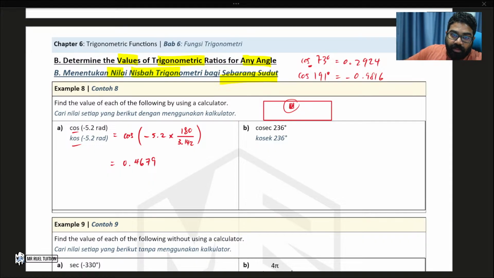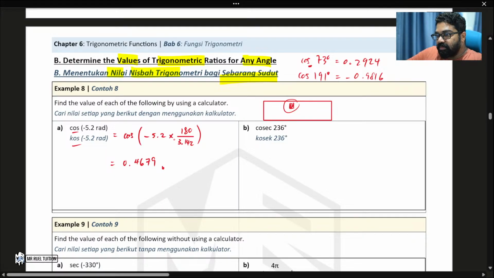Okay. What about cosecant? Again, class, I don't recommend using radian mode. Because if you forget, it is difficult. If you are confident you will not forget and you will always check, you want to take the risk, go ahead, it is up to you. But I really don't recommend it. So I'm not going to teach you how to do it also.